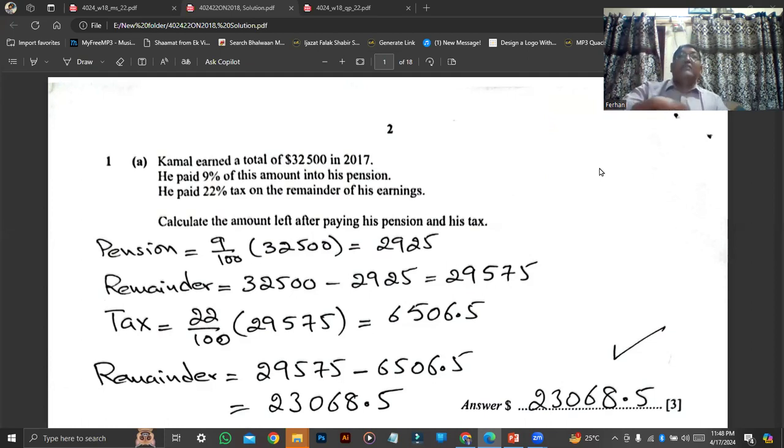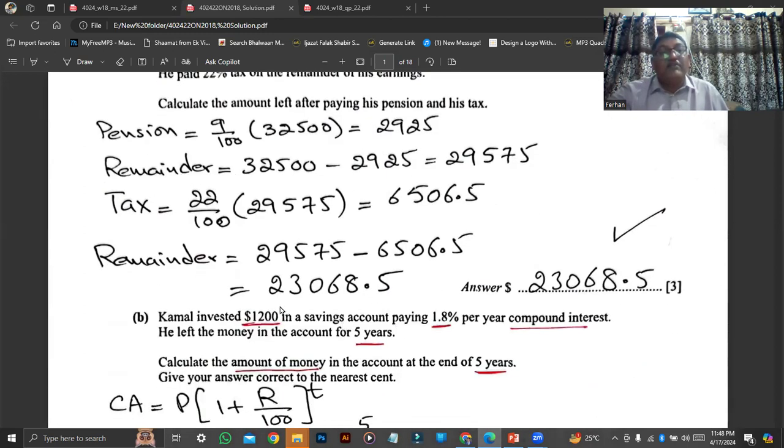So on this remainder we will have tax, and the tax is 22%. So 22 by 100 of 29,575 will be $6,506.5. So after paying that tax, when I subtract this tax from the remaining money, the remainder will be $23,068.5.